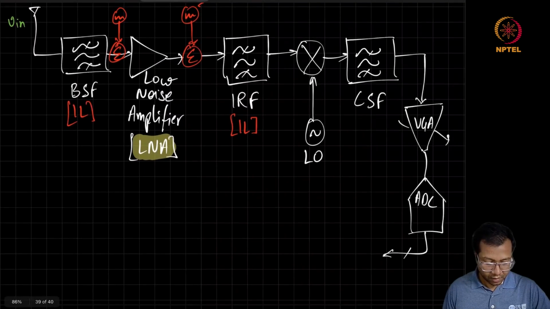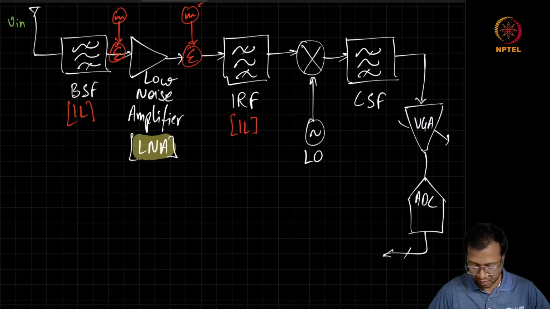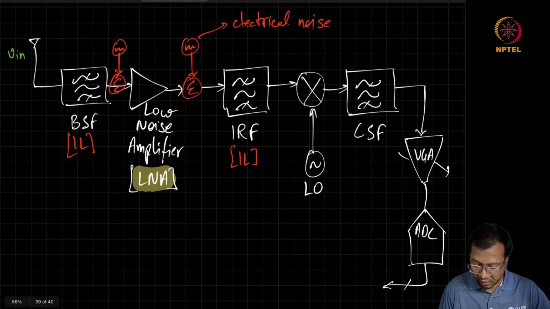If we look at this architecture, we have an important design choice, and that design choice is the choice of intermediate frequency.